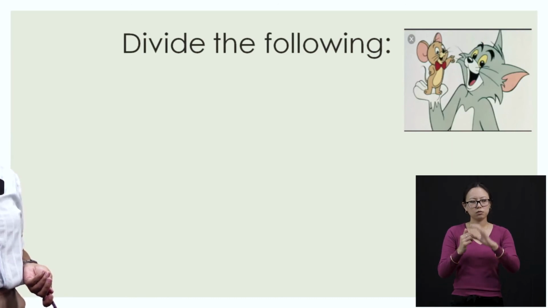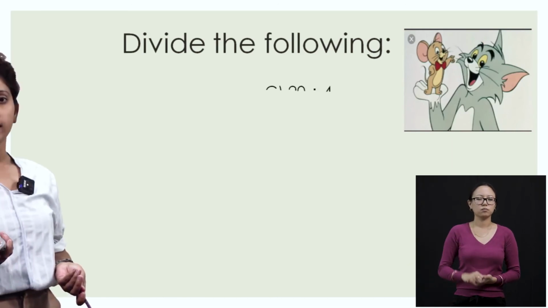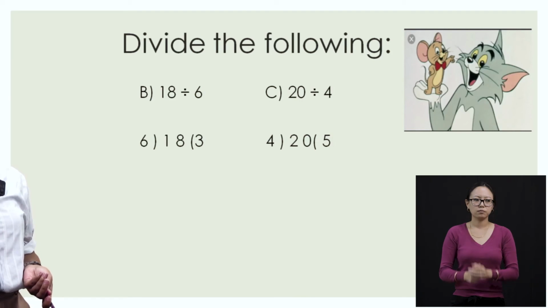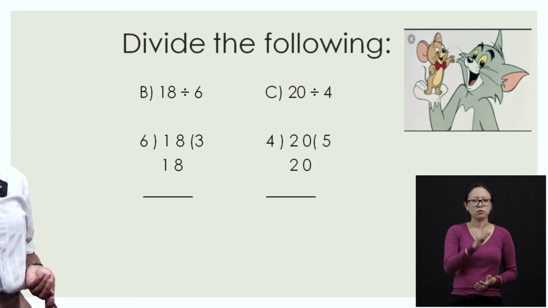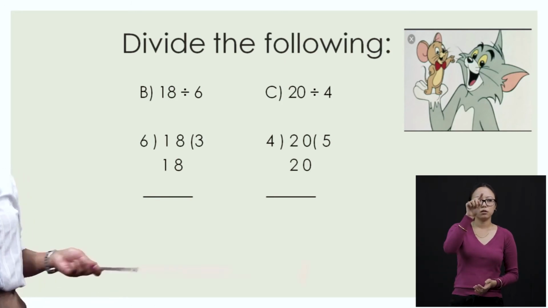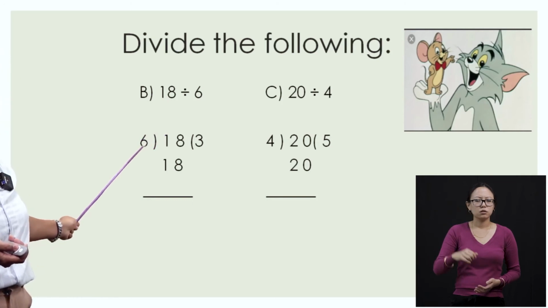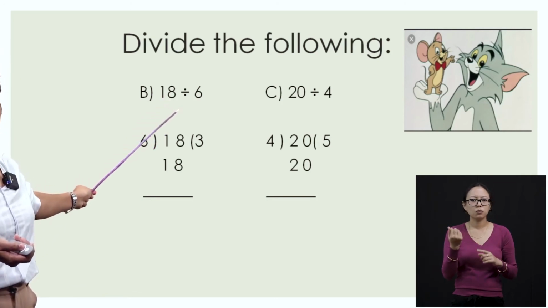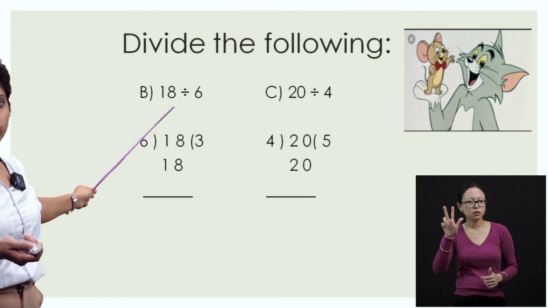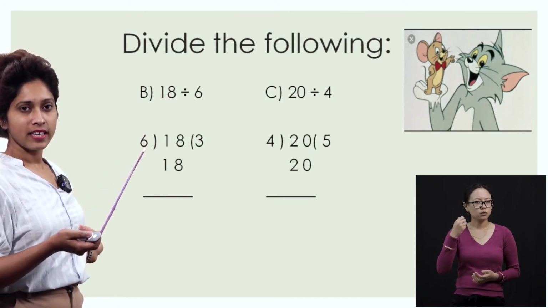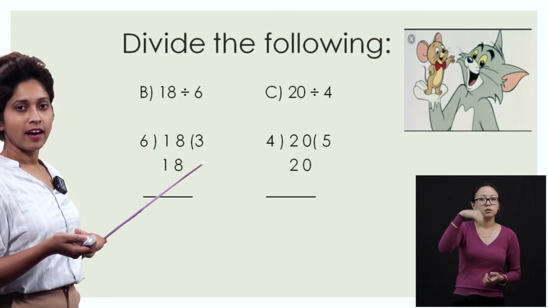Okay, let's move to the next one. Divide the following. Again, you have division, right? The first one is 18 divided by 6. When you divide 18 by 6, how much will you get? How many times does 18 come in the table of 6, children? Do you know the table of 6? Try to recall it. 6 into 3s are 18.